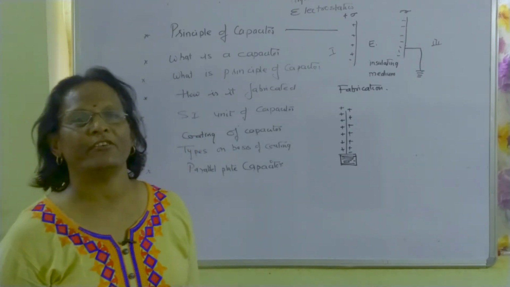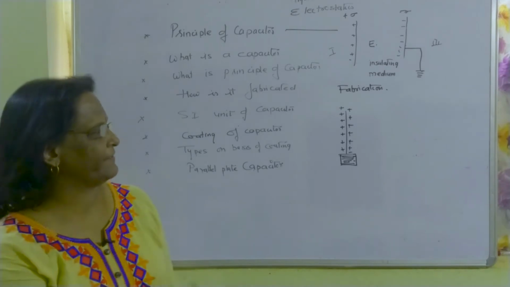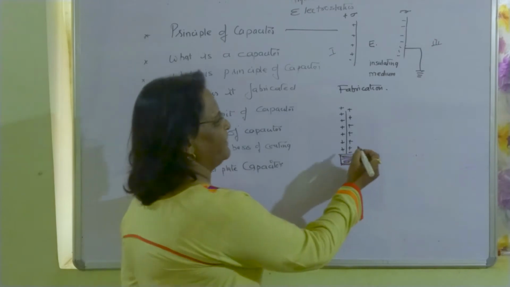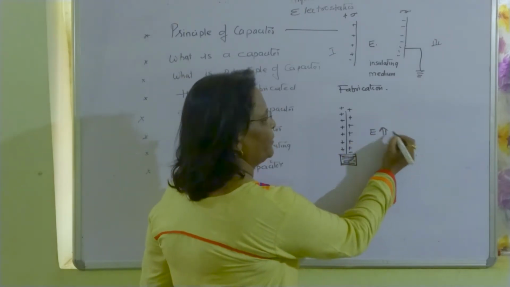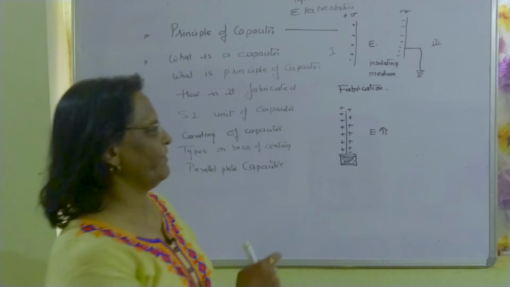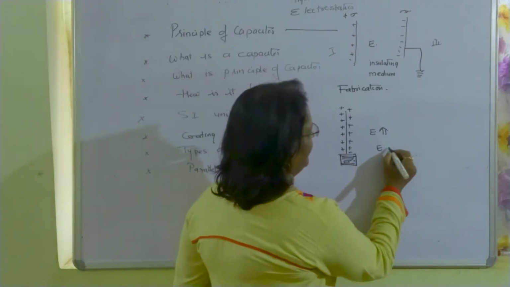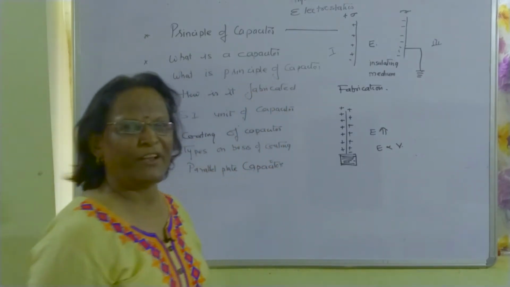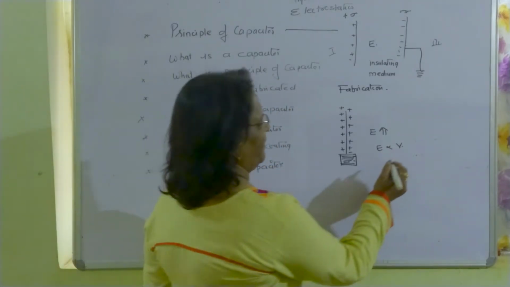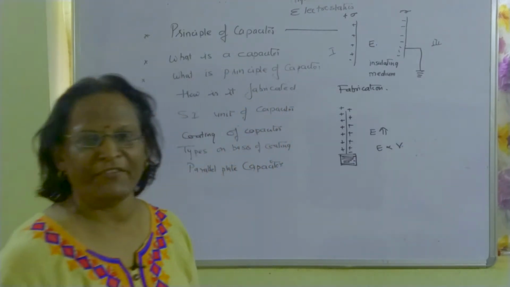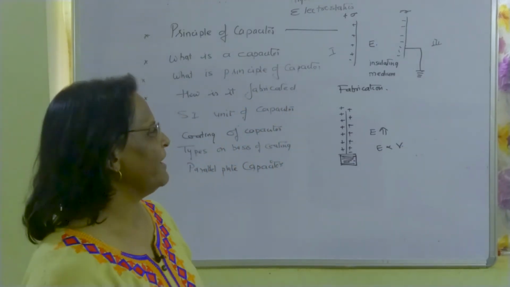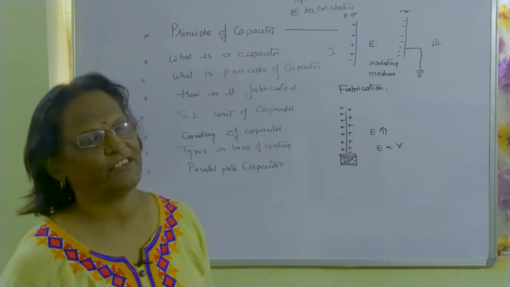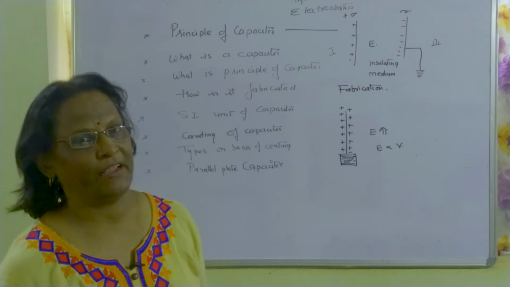We can supply charges to a certain extent, and because of that the electric field will go on increasing. E is directly proportional to potential, so potential will be developed, and if it reaches approximately 5 into 10 to the 5, it will ionize the air around the plate, and the charges will start to leak to the surroundings. How?